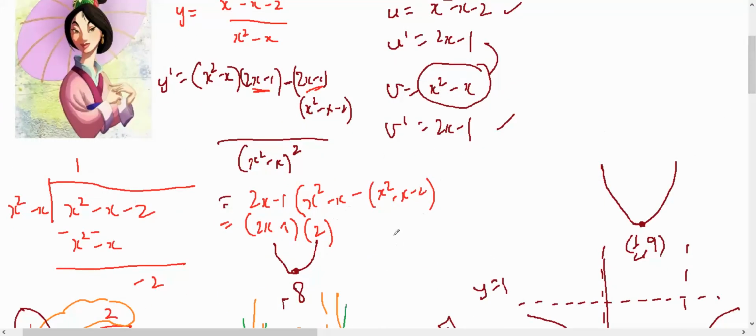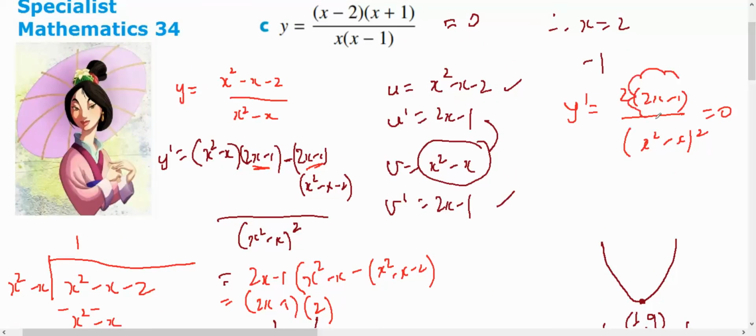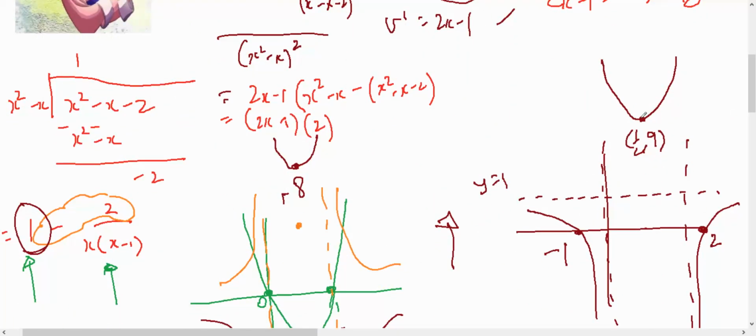So the derivative y dash equals 2x minus 1 over x squared minus x squared. And if that equals 0, that only happens when my numerator is 0 and 2x minus 1 equals 0, therefore x equals a half. So I'm in agreement that this is going to be the only turning point. And that's what the graph looks like.